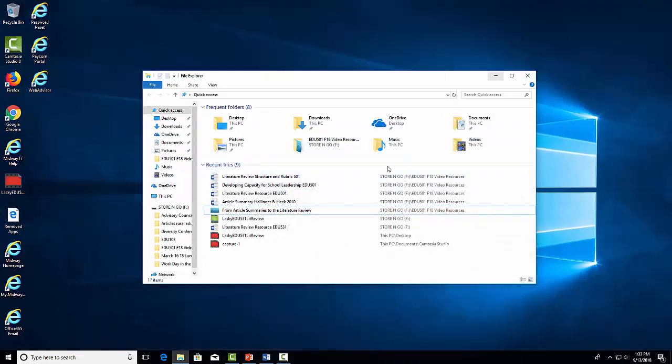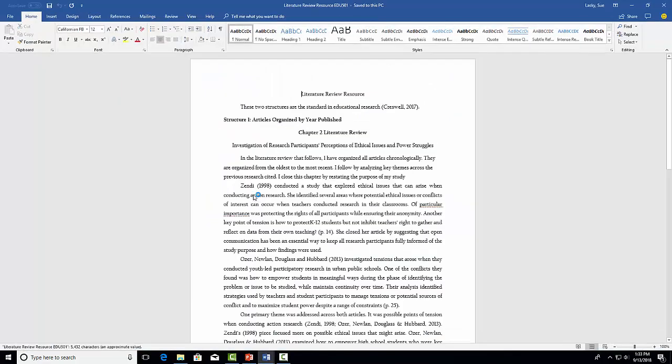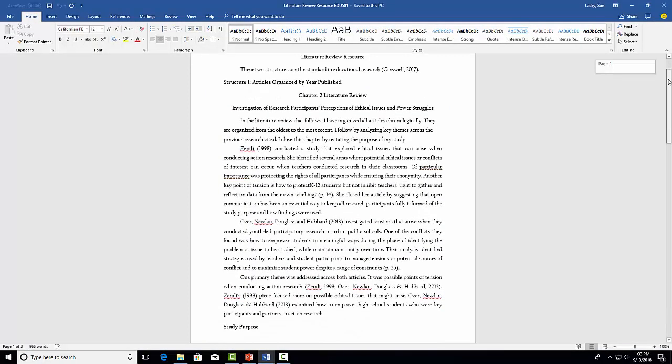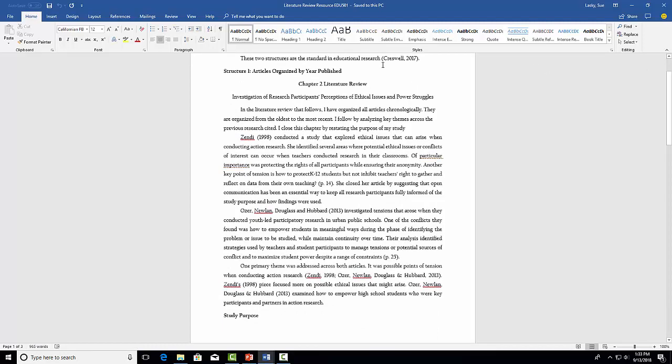The other resource that I mentioned is the Lit Review resource. Again, this is in Moodle. Here is an example of what a Lit Review looks like when it's organized chronologically.